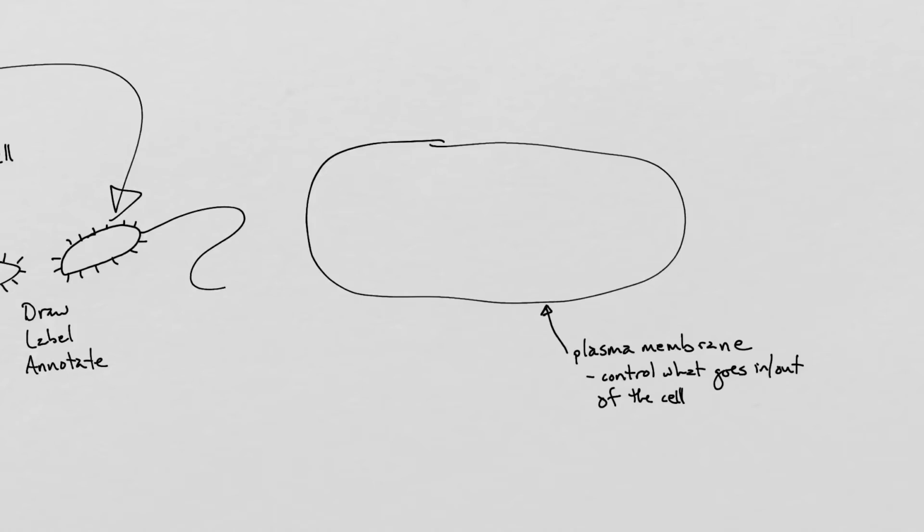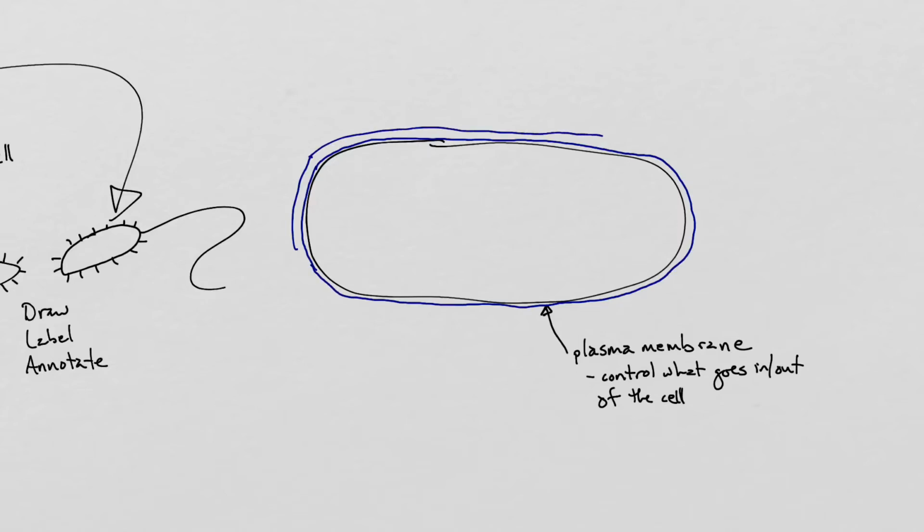Okay. That is the plasma membrane. On the outside of the plasma membrane is a thicker cell wall. And I draw this nice and thick here.